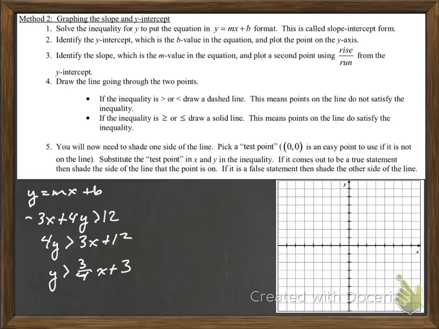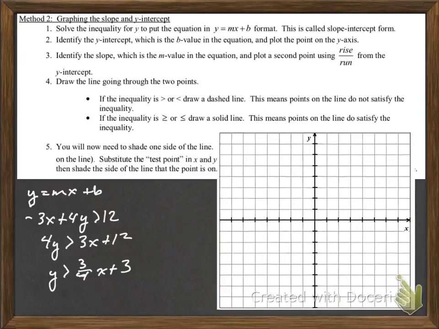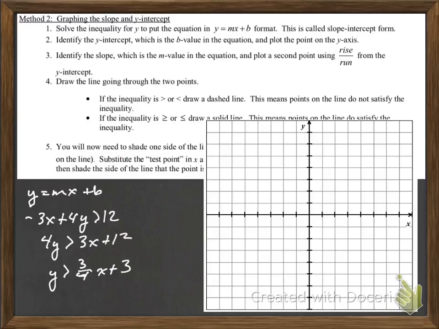So you'd start out by graphing your y-intercept of positive 3. And then from there you would rise 3, which means go up 3, and to the right 4. Now just like before, if it is just a greater than, it is a dashed line.